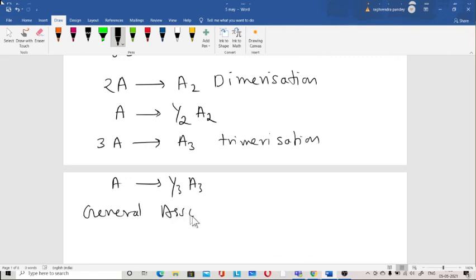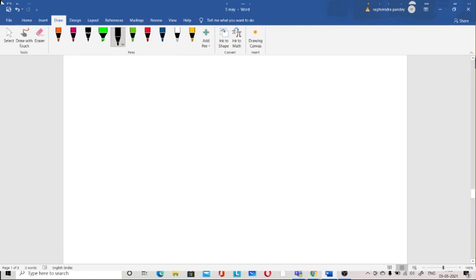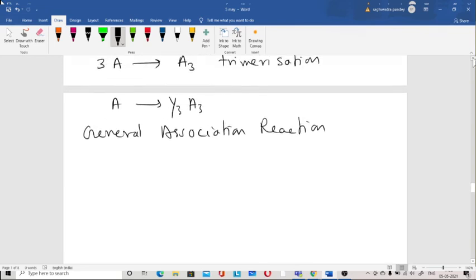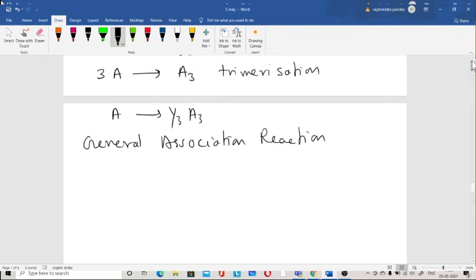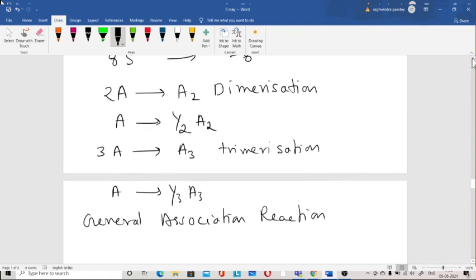Then in a general association reaction, if it is 2A gives A2, then I can write 1 by 2. So whatever is the number here, you have to divide by this number because I am just writing this equation in this form. For A3, it is 3.